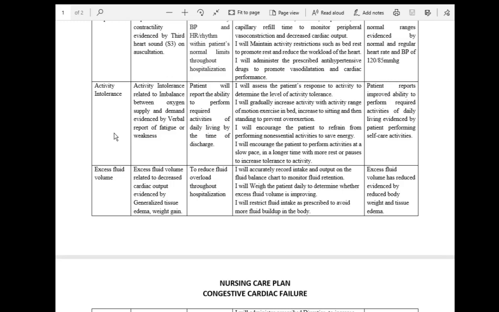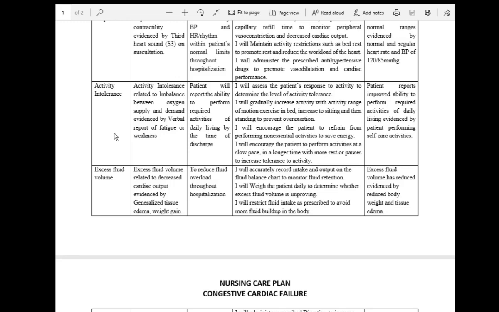So we want our patient to be able to do these activities of daily living, such as bathing, walking, eating, all these activities that are needed by the person. Then now, how are we going to achieve this? That's where we're going to talk about the nursing interventions for activity intolerance.